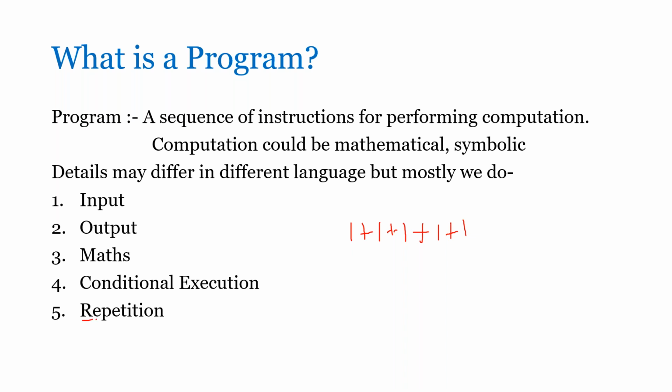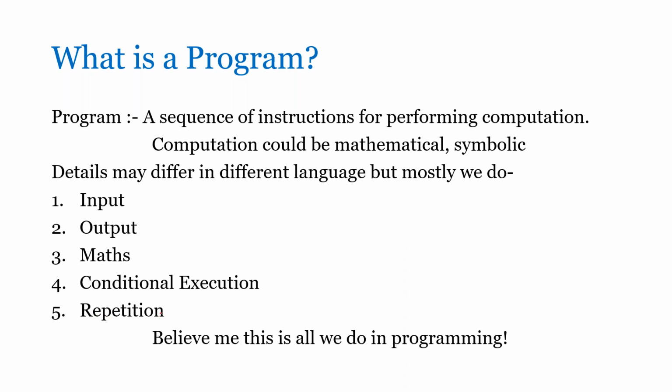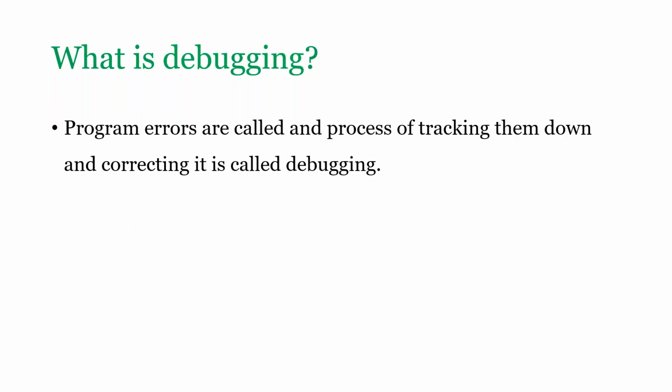If you want to repeat this addition, that is repetition. Believe me or not, this is all you do in programming. You can change your language, Python or C++, but this is all you can do. This may look like a very little thing, but it has miraculous results in programming.